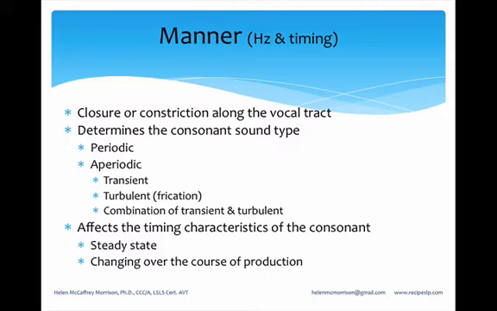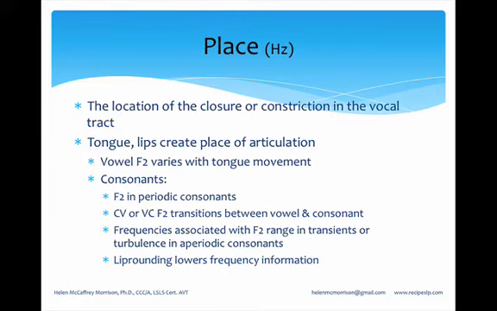It depends on where you're listening, at the beginning, at the middle, at the end. So we can't be really black and white when we start thinking about audiometric frequencies, because consonants are highly dynamic, highly changeable. Now, place of consonant production tends to be cued by frequency.